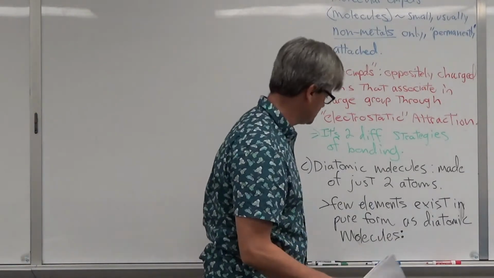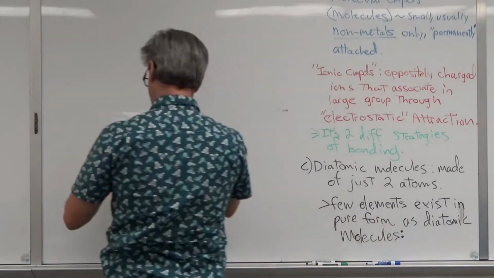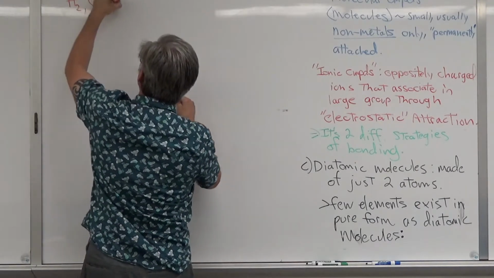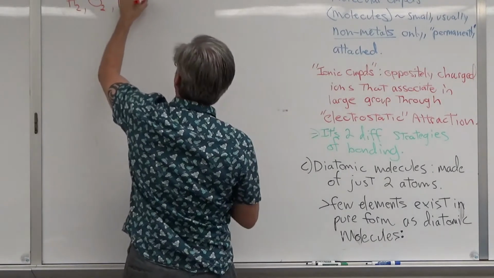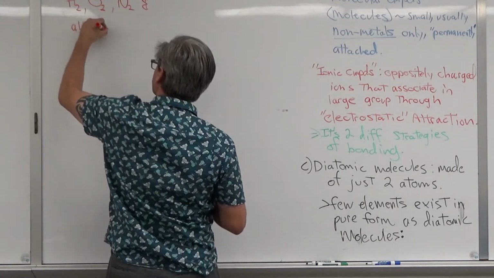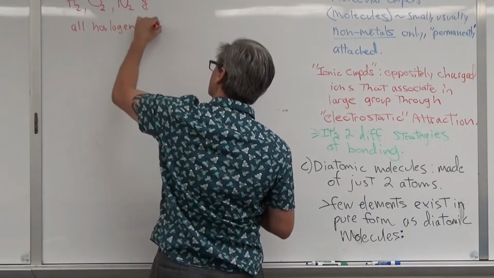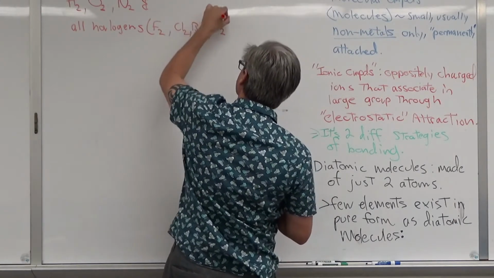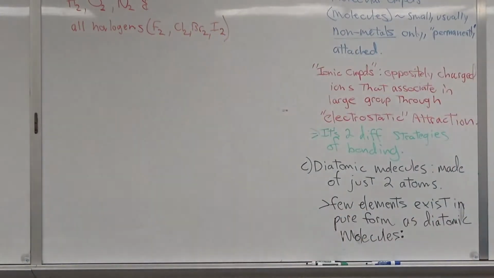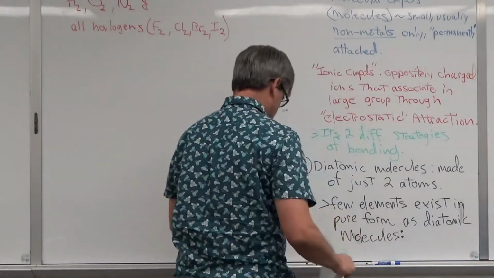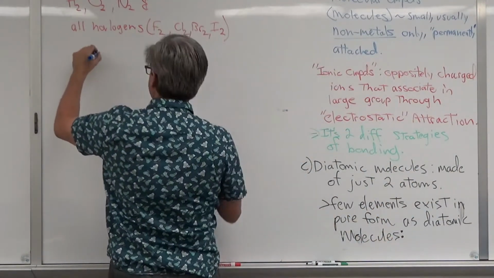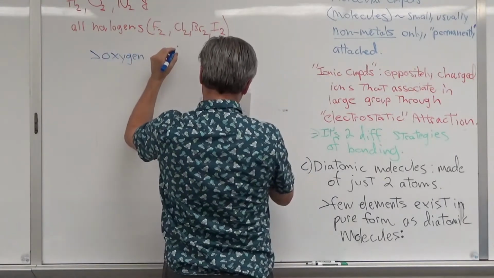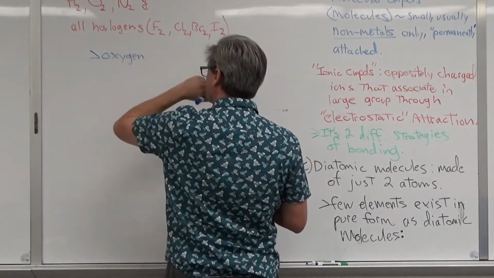Basically, just the ones I just mentioned. So hydrogen, oxygen, nitrogen, and all the halogens. Fluorine, chlorine, bromine, iodine. All right, I have a mention in here that's almost an FYI, oxygen can also exist as O3.